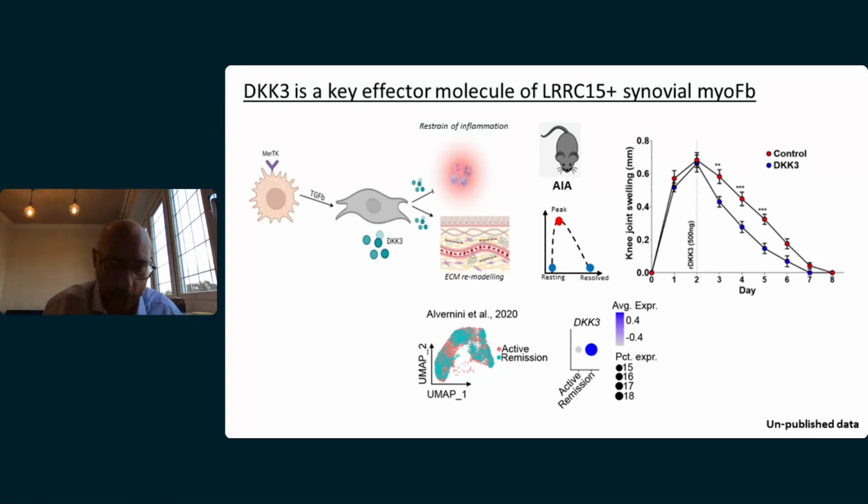And you can imagine that totally fits, in that you also need repair within a joint after an inflammatory episode, and that repair will involve remodeling the ECM, but also being able to suppress immune responses that are occurring within the tissue.